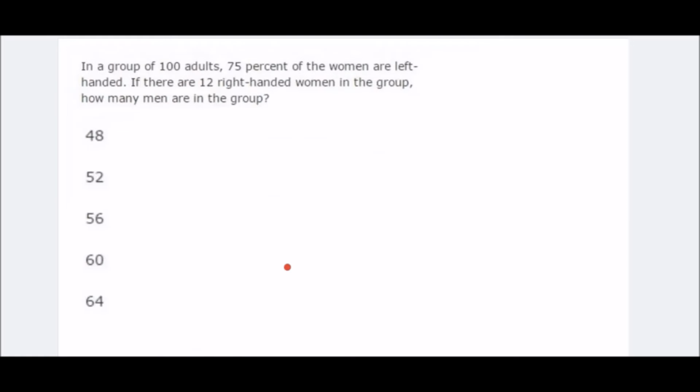So our next question is, in a group of 100 adults, 75% of the women are left-handed. If there are 12 right-handed women in the group, how many men are in the group? So see from the question, the total is 100 adults, right? And 75% of the women are left-handed.